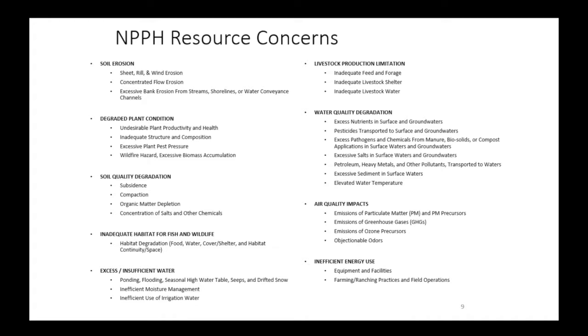We're starting to see more and more resistant varieties of weeds that are pressuring our crop fields. So there's all kinds of reasons why we need to pay close attention to the NPPH resource concerns. Soil quality. Do we have compaction issues? Do we have surface crusting? Is our organic matter depleting itself over time?